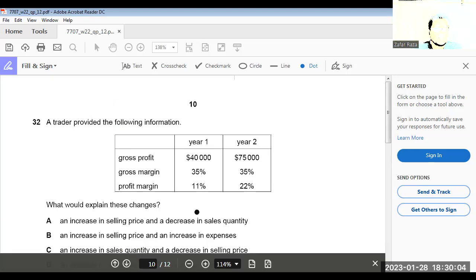32. A trader provided the following: gross profit, gross margin, profit margin. What would explain these changes? Now see, gross profit is increasing. Gross margin is the same. Profit margin is increasing. Gross profit is increasing, but the rate is not decreasing. It means what is happening?